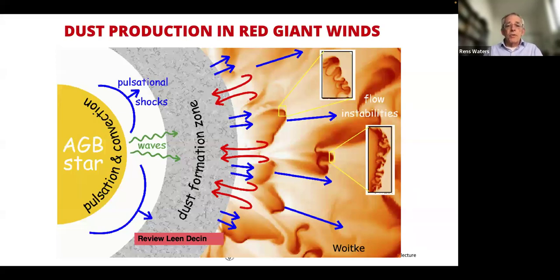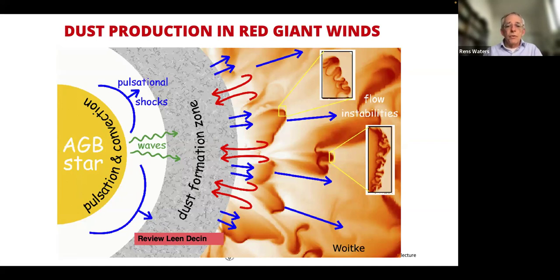Then they receive radiation from the central star, experience radiation pressure, and are pushed out. They drag along the gas, and this is the reason why these stars have stellar winds. And so dust is actually very important for driving red giant winds.